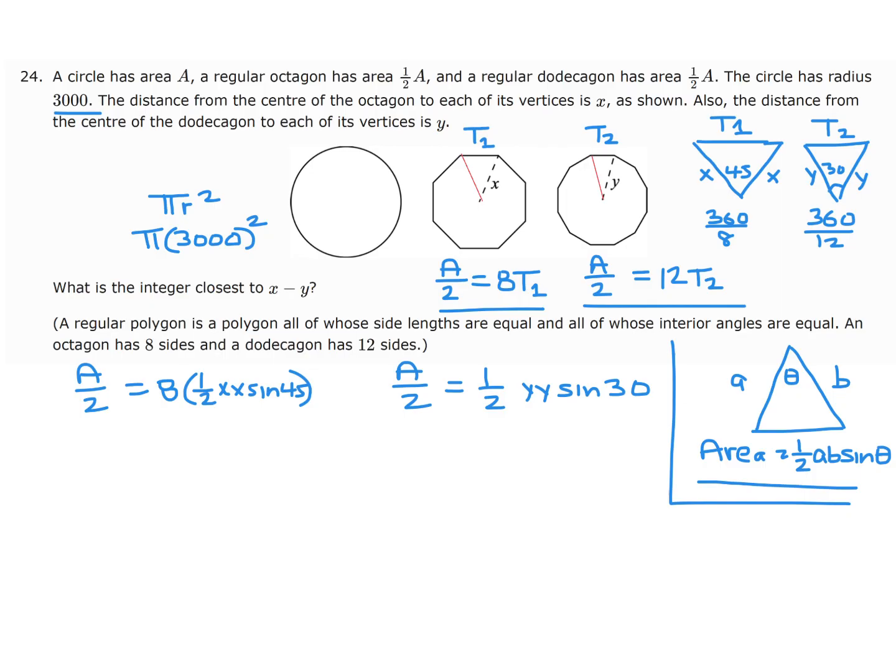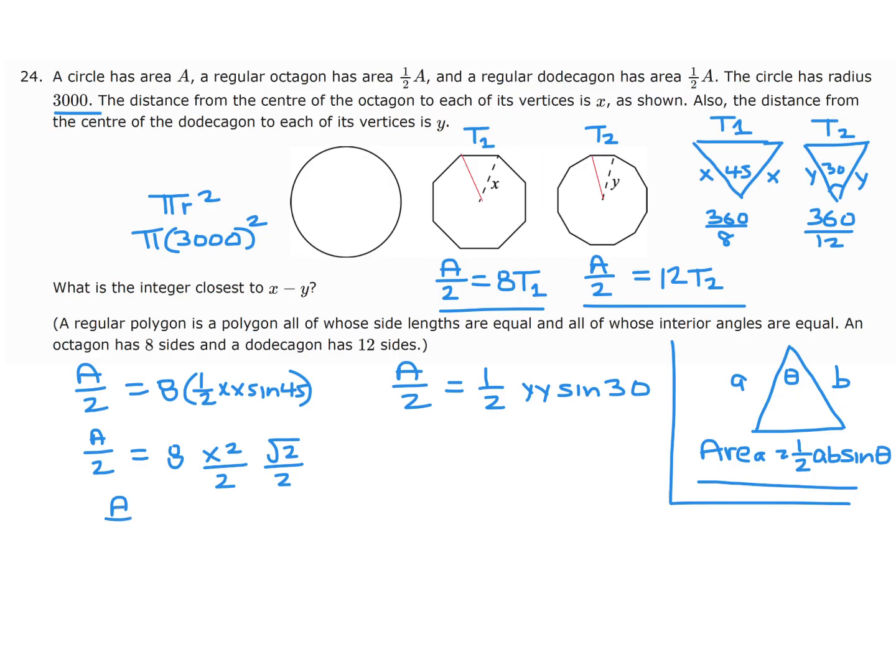So let's continue here. A over 2 is going to be 8 times x squared over 2, and then sine 45 is what? Root 2 over 2, I believe? Yeah.